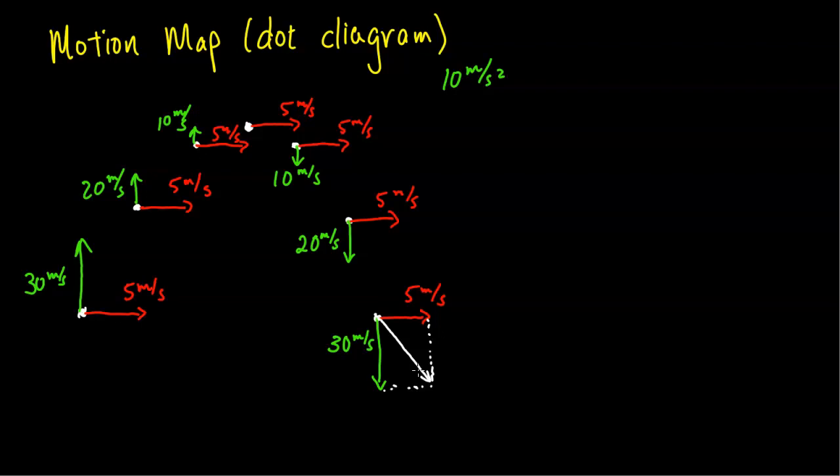And to calculate that, we're going to have to add the horizontal and vertical vectors. So we're going to have to add the 5 and the 30. But I can't just add them directly. I'm adding vectors, and because they're in different directions, I'm going to have to use the Pythagorean theorem. So, a squared plus b squared equals c squared.